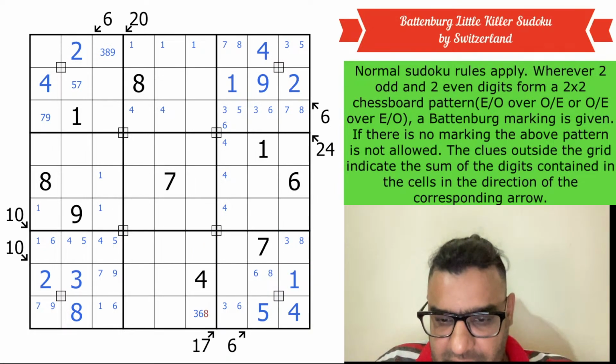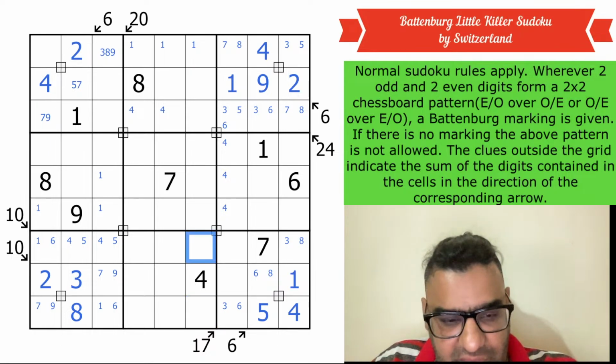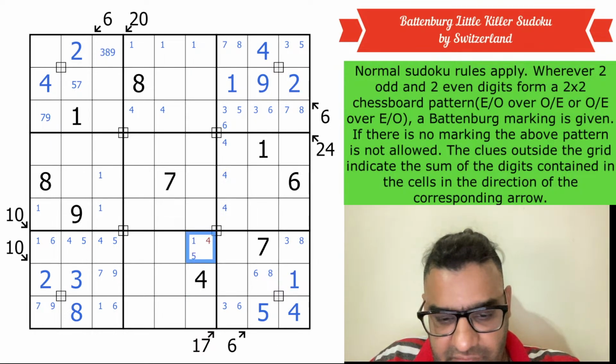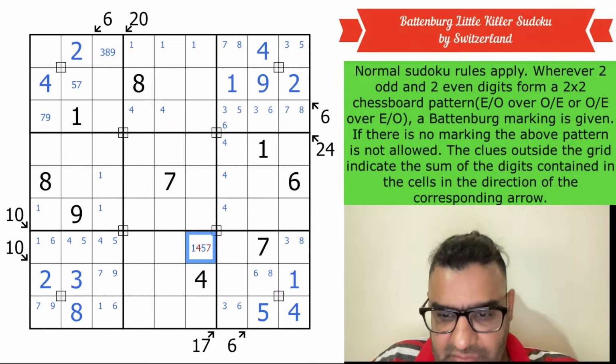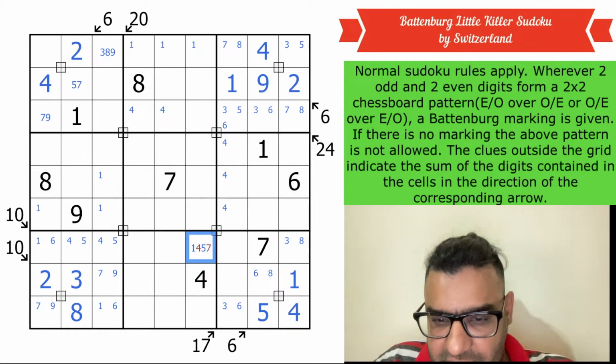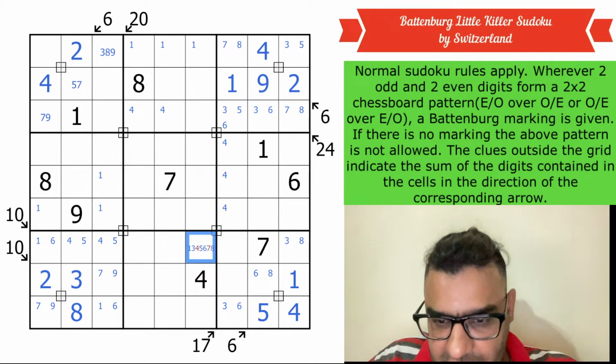Okay, now we know what numbers we have already entered. We have entered 1, 4, 5, 7. We already know 3, 6, and 8 are going to be in these three places.